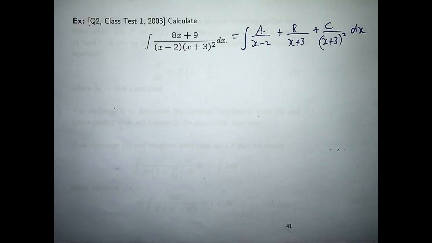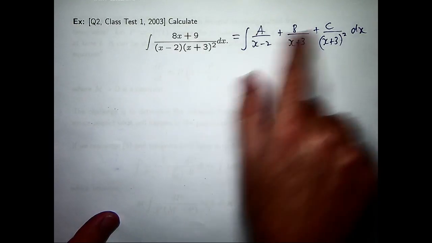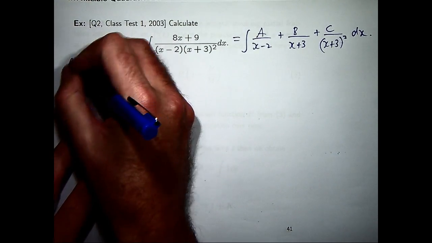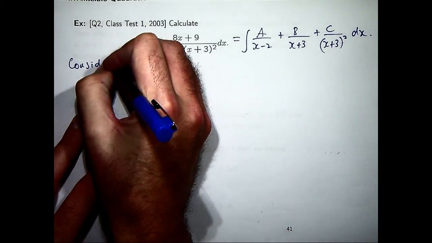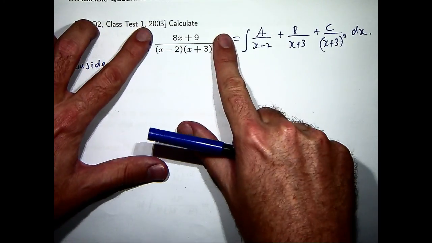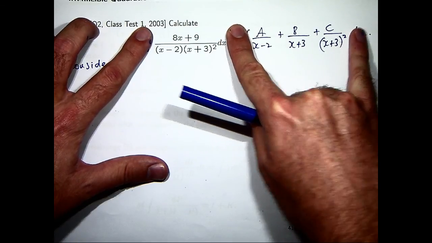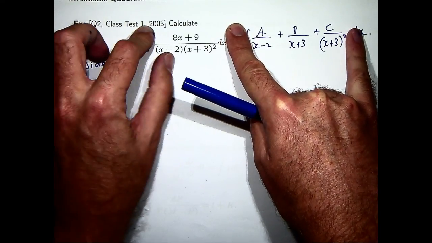Essentially, what I'm going to show you now is not exactly the Heaviside method. It does involve a little bit of algebra. But essentially, it's just looking at the integrands and comparing them. So what I'm going to do is just compare the integrands and multiply both sides by what's down here.